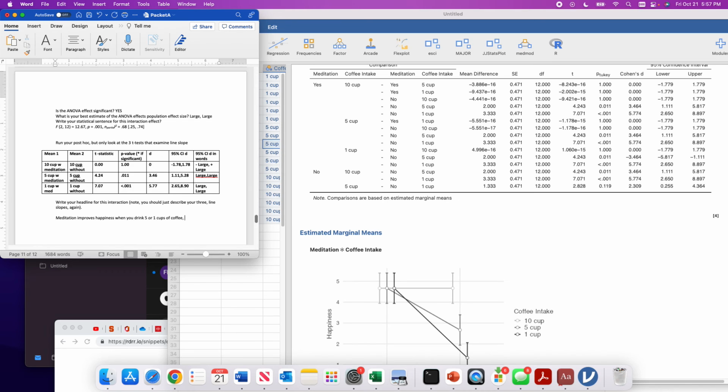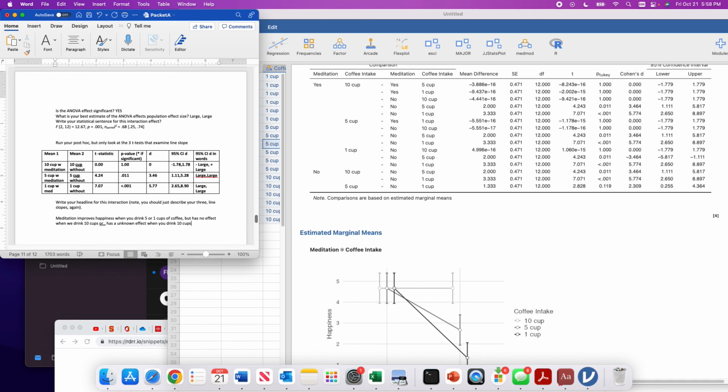Here's what I want to say: but has no effect when we drink 10 cups. You could say, right, has an unknown effect when you drink 10 cups.